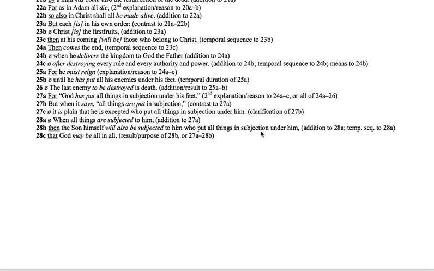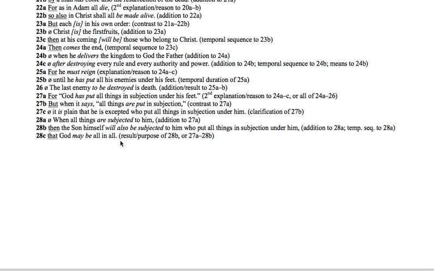So "who put all things in subjection under him" is telling us something about him. All right. So I've just said let's keep that relative clause on the same line. All right. Some people may want to put it below and add an extra verse division. That's entirely fine. Okay. Then the next verse division, our final one, 28c, that God may be all in all.